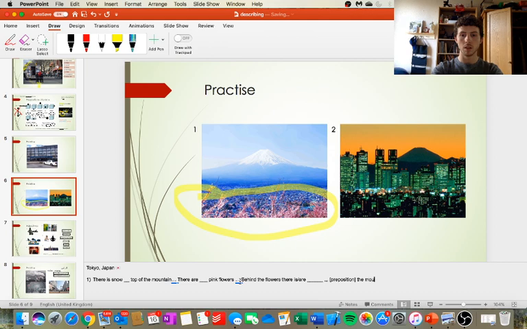The mountain, the sky is blue. The flowers are in front of the mountain. Excellent. The flowers are in front of the mountain or behind the flowers, there is a mountain. Excellent, Gabrielle.